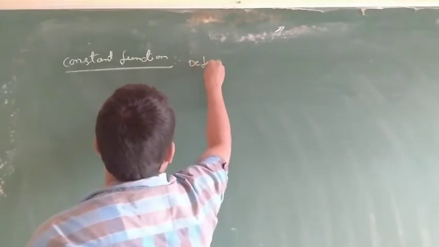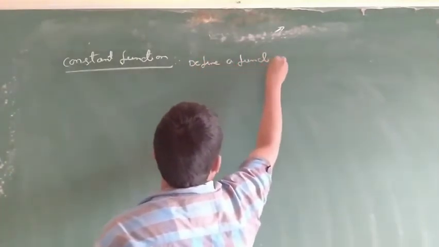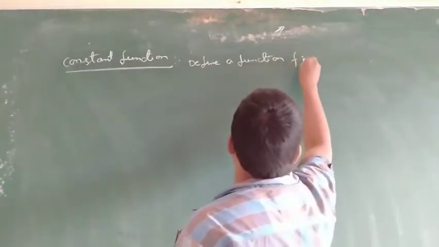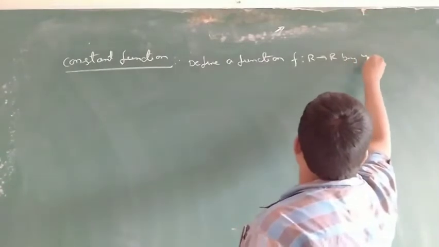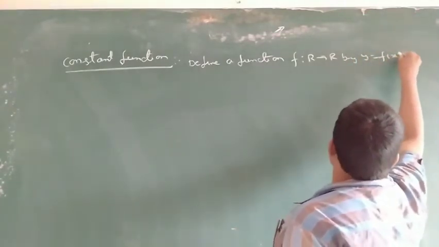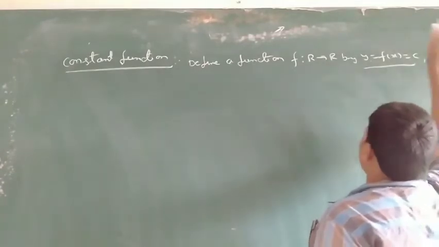Define a function f from R to R by y is equal to f of x is equal to c, x belongs to R.